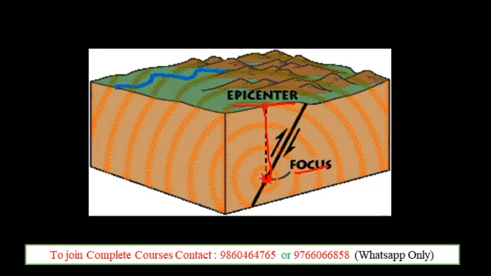Whenever you look at or aim at a particular point, that is the focus, where the earthquake happens. Then the effect of the earthquake on the land above is called the epicenter. Clear? And within this epicenter the movement spreads to other areas of the land.